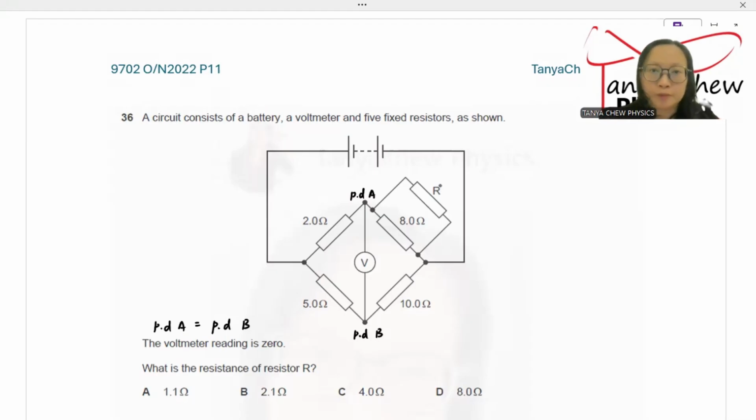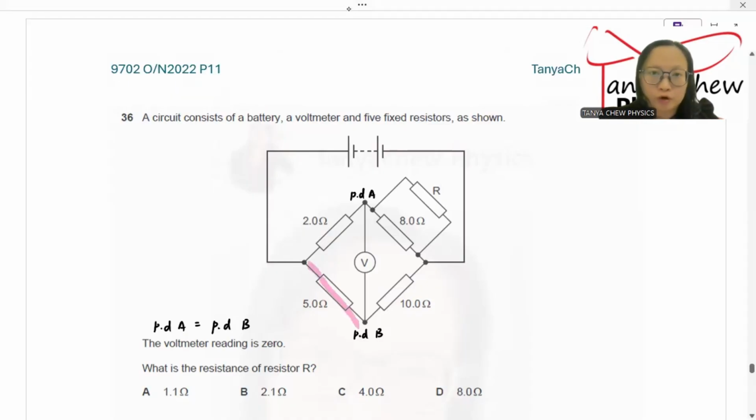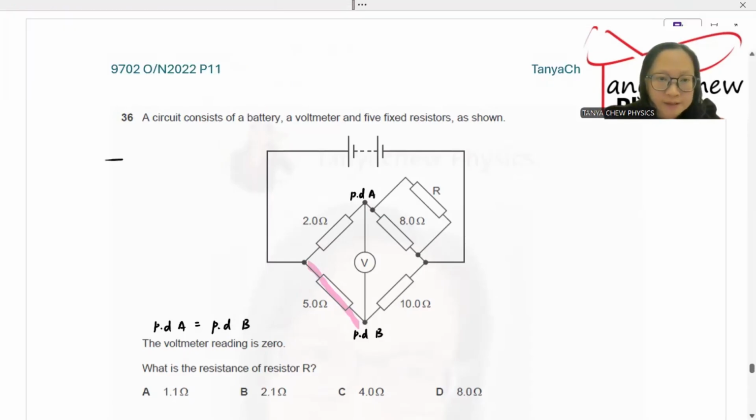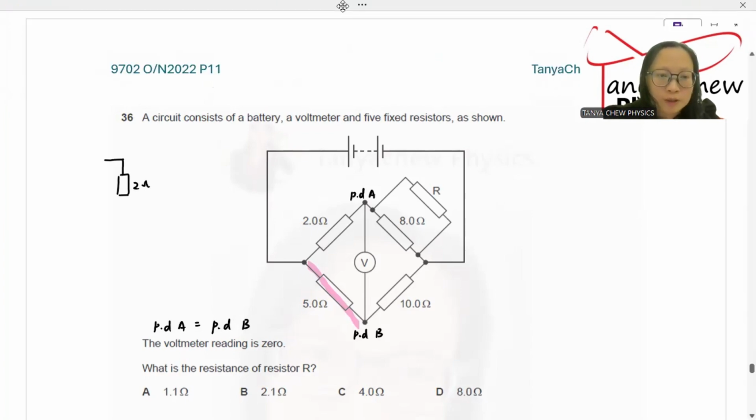If you want things to be easier, I want you to consider using a potential divider. So I'm going to redraw this. I put this as 2 ohm first. Here, this is 2 ohm connected to 5 ohm, a potential divider, and this is the total PD.